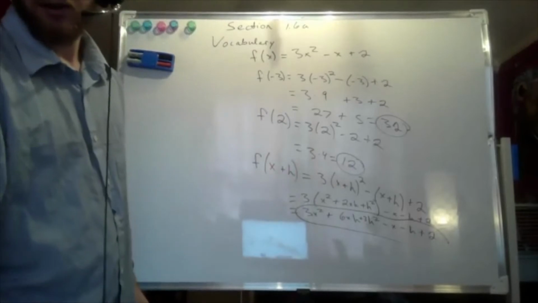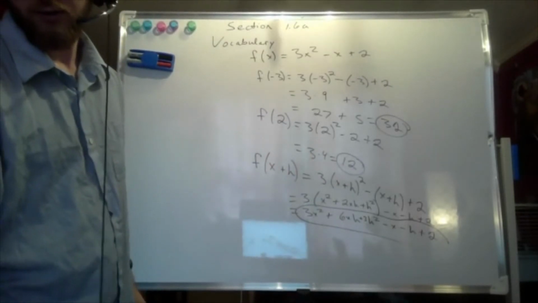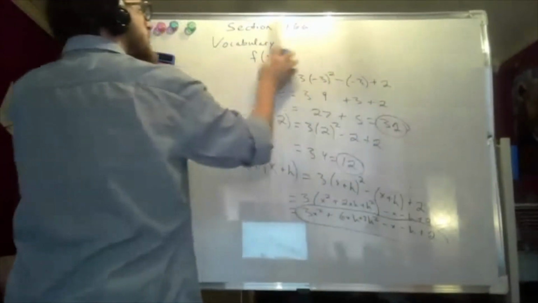Alright, so those are the examples I wanted to cover. There was one more example I wanted to go over before I move on to 1.6b.